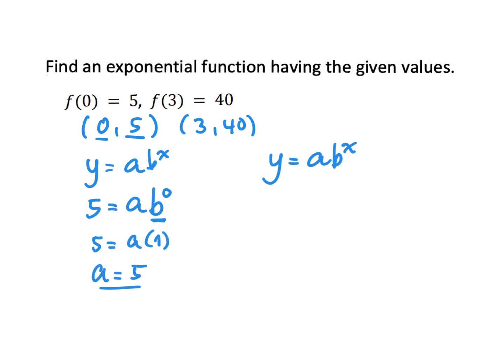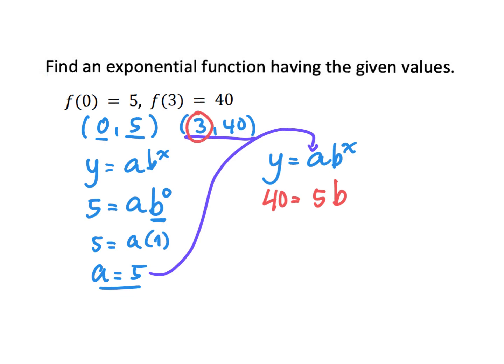You got your a. Now, I would like you to take this value of a and put it on this using the second point. Okay, so in here, we're going to use the red one. That's going to give you 40 is equal to a, which is 5, and then b is still unknown, but I know my x value, which is 3.